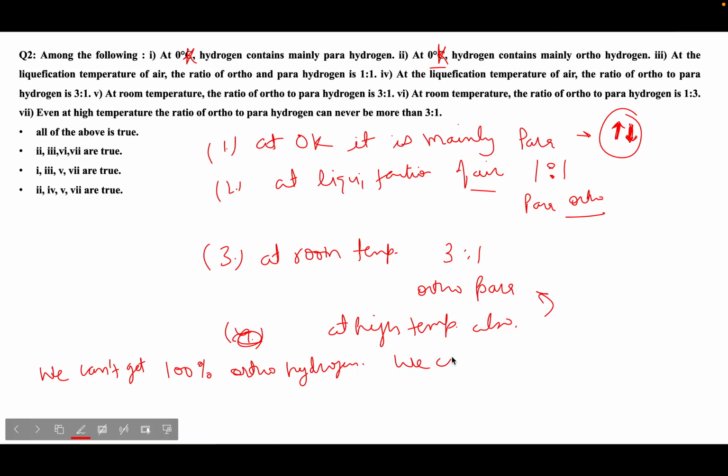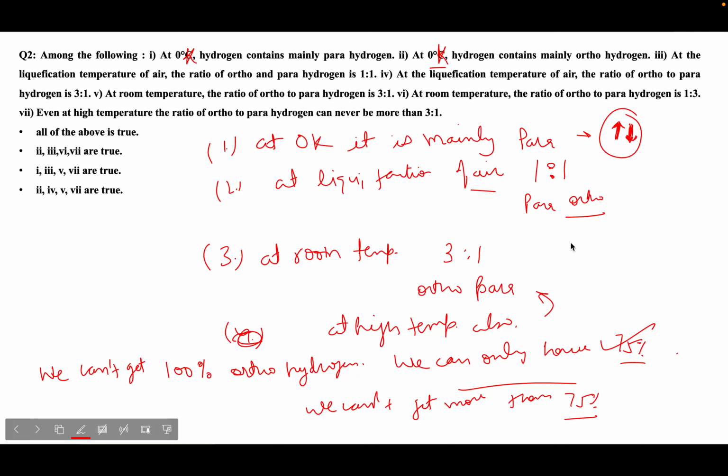We can only get 75% of it, and we cannot get more than this. But we can have 100% parahydrogen, that is at very low temperature.